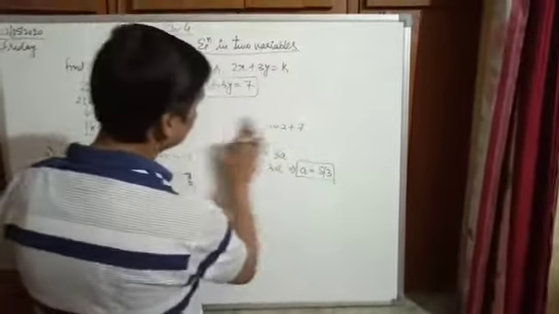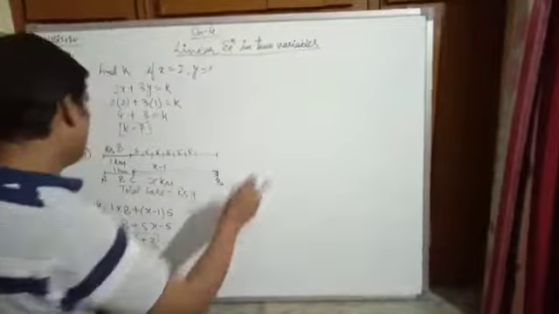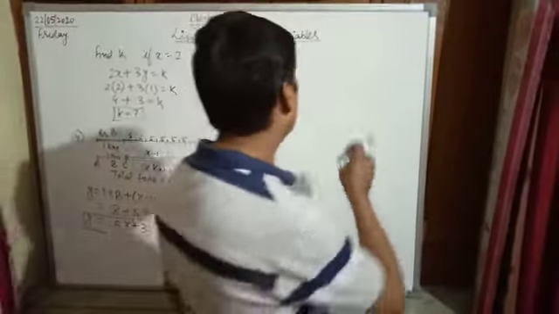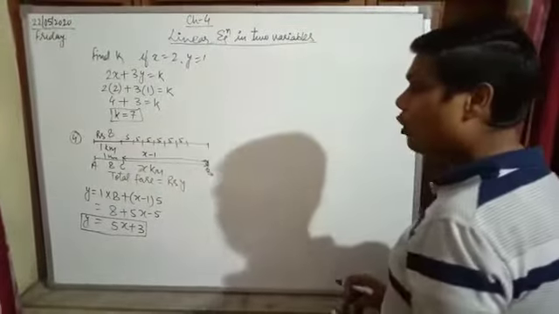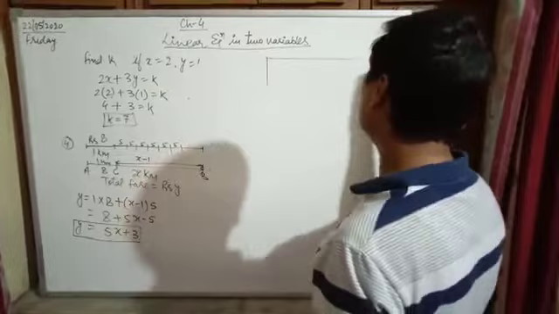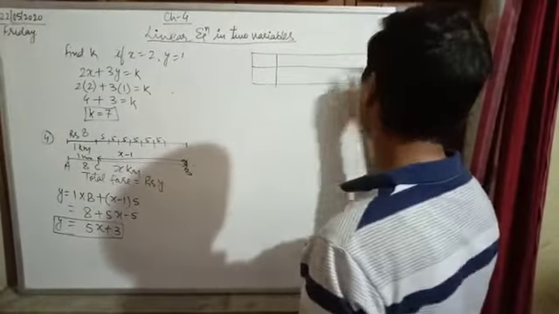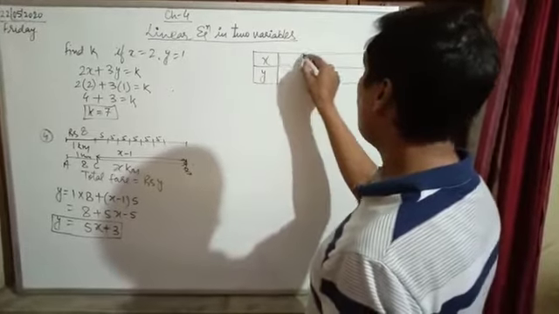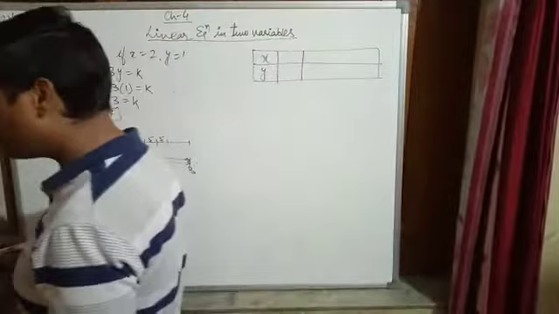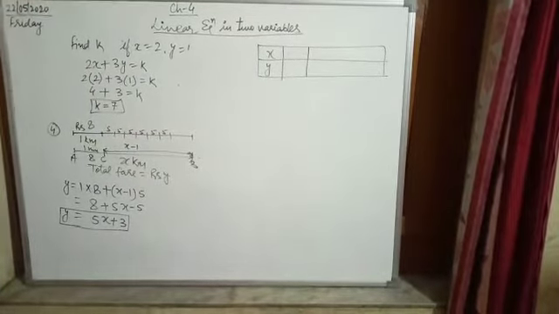Now here we are seeing that y is totally dependent on x. If we change the value of x, the value of y changes. So firstly, draw the table. Always keep in mind that if we want to draw a graph, there must be at least 3 coordinates.